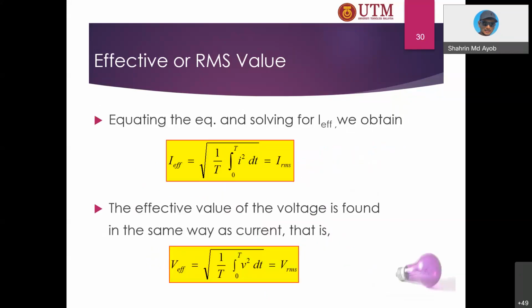After that, we finally obtain that the current that produces the same DC power can be computed by using this equation.